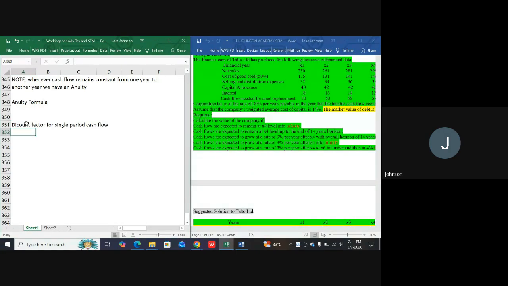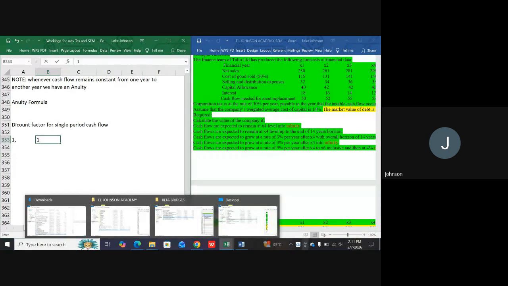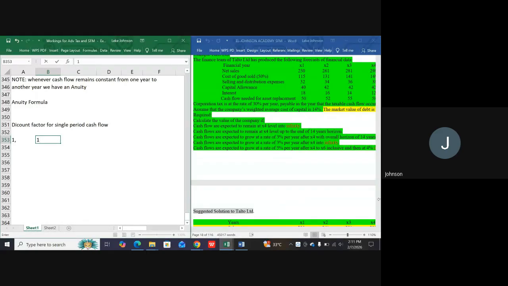So there are two methods, okay? Single period, when the cash flows are not the same. The first one is you say 1 over (1 plus r), then whatever you get, you raise it to power n.